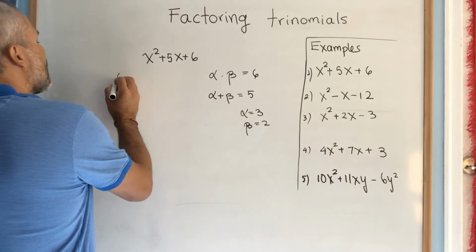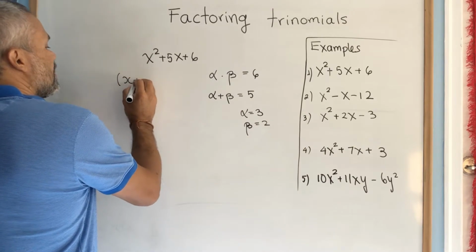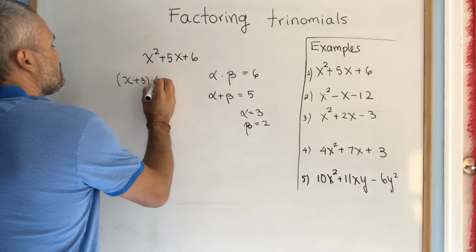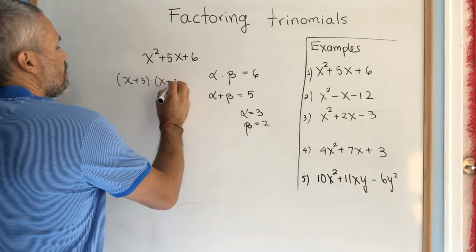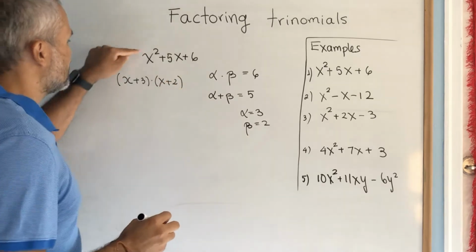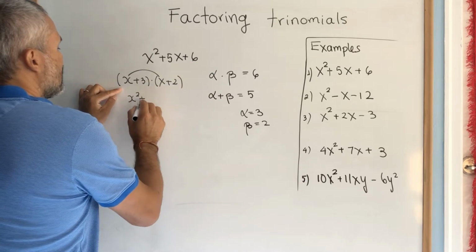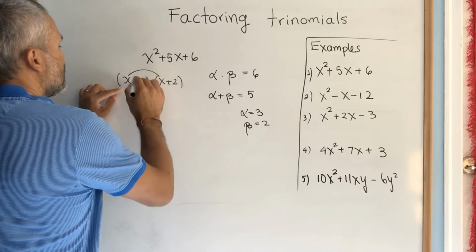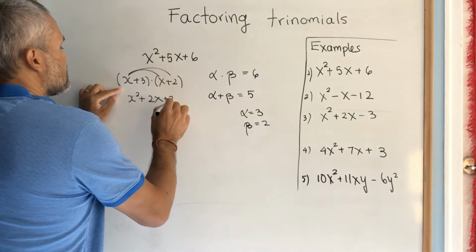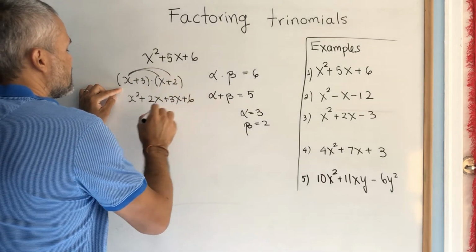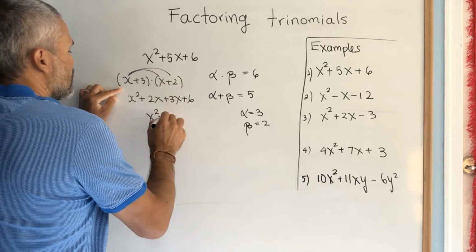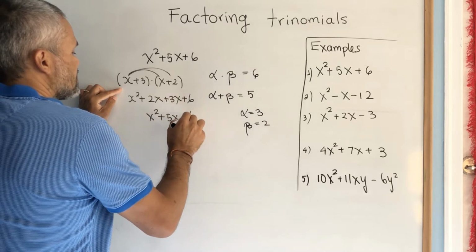Then you can rewrite this as x plus 3 times x plus 2. You can check the answer by doing x squared plus 2x plus 3x plus 6, which is x squared plus 5x plus 6.